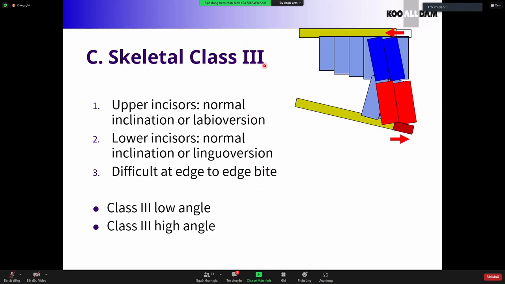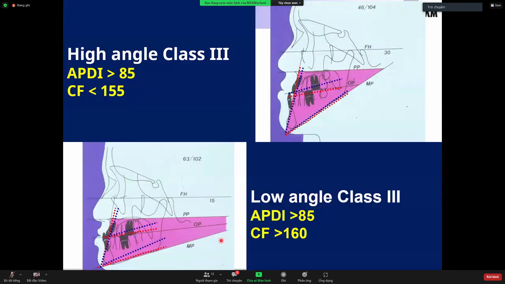In skeletal class 3 malocclusion, we should divide two groups: class 3 low angle and class 3 high angle. This is high angle class 3. This is low angle class 3. What happened?